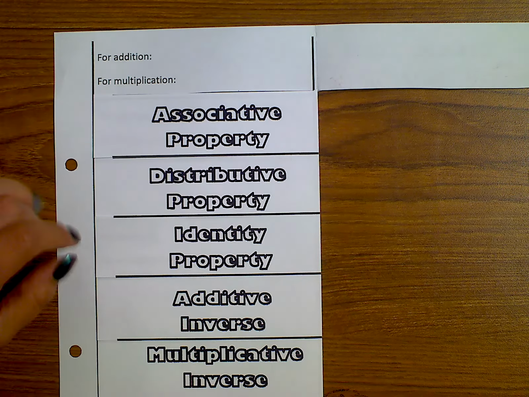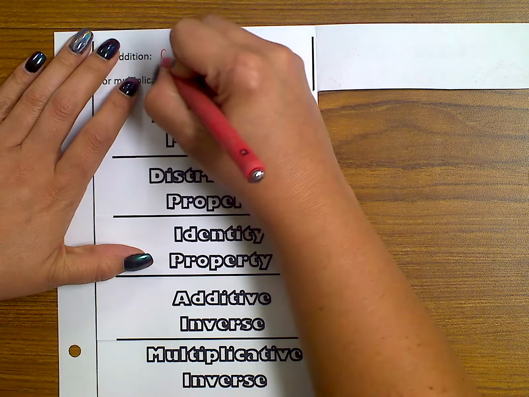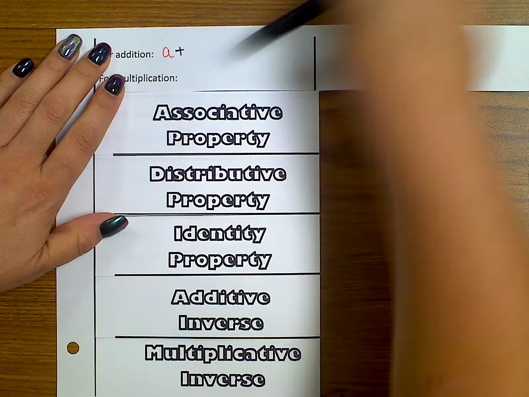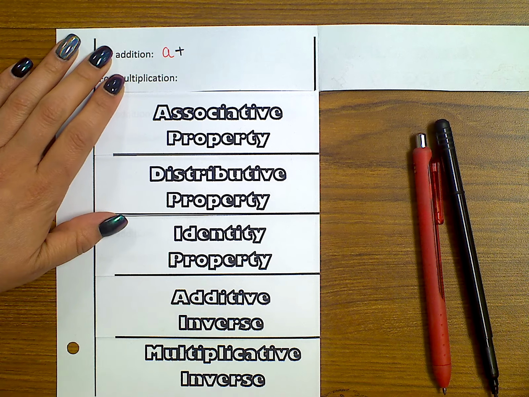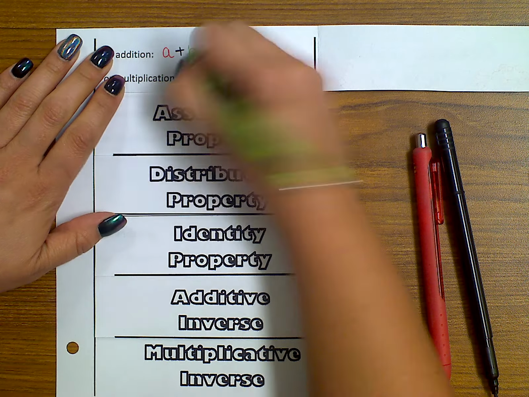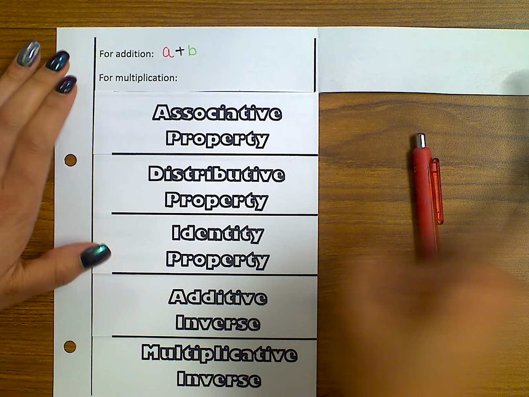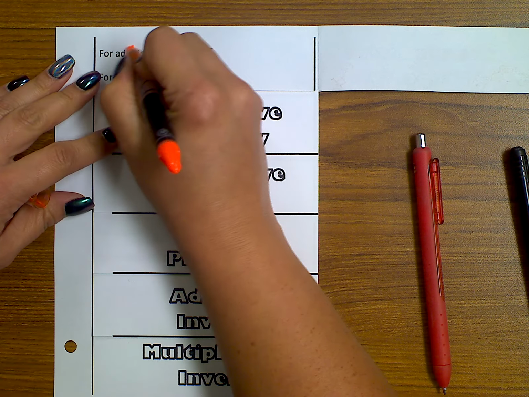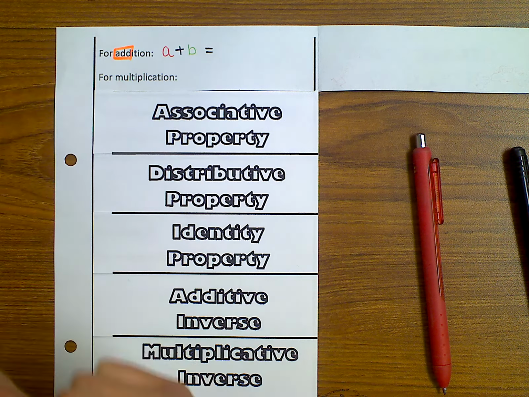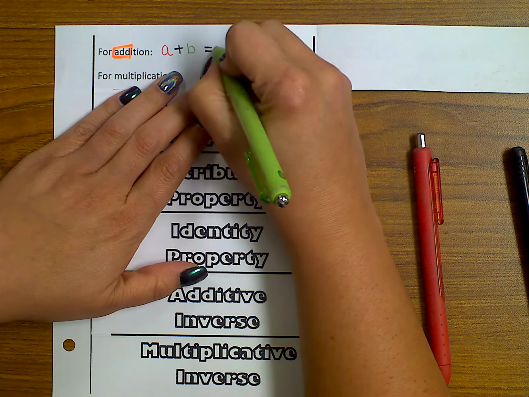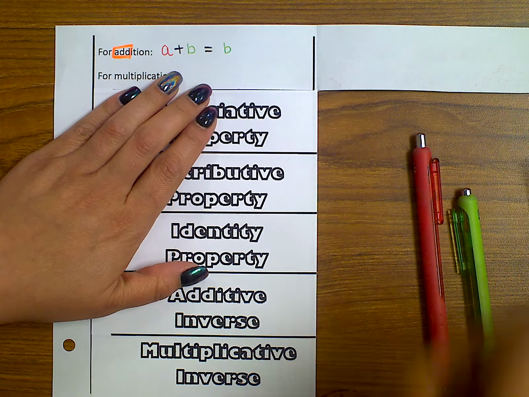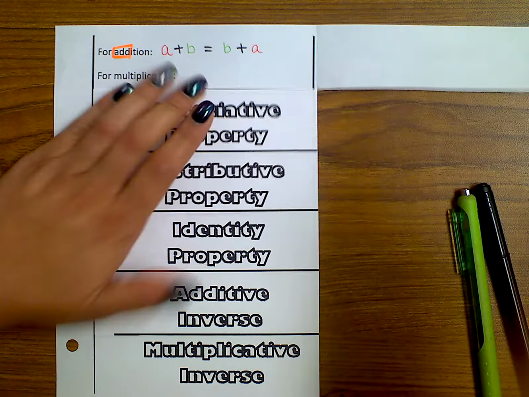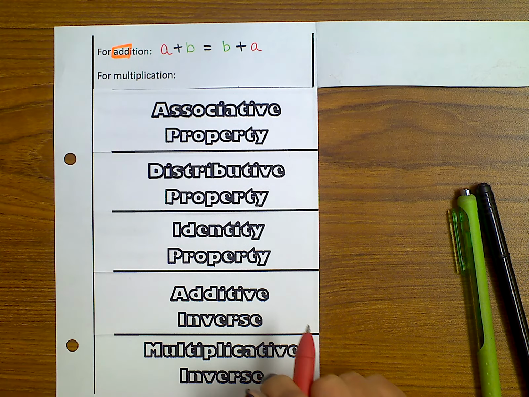Let's go ahead and begin with A plus B. Now, using the commutative property on addition, we would say that it is equivalent to B plus A. Well, that's fairly simple.